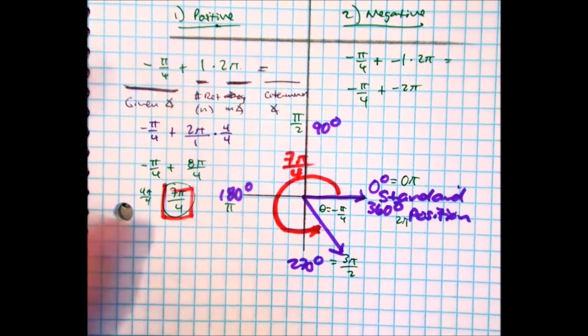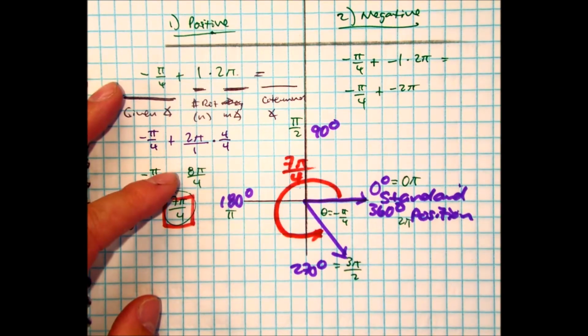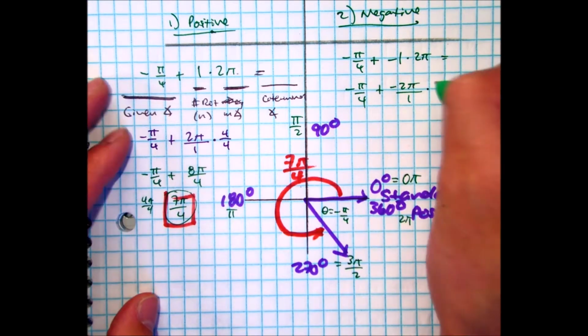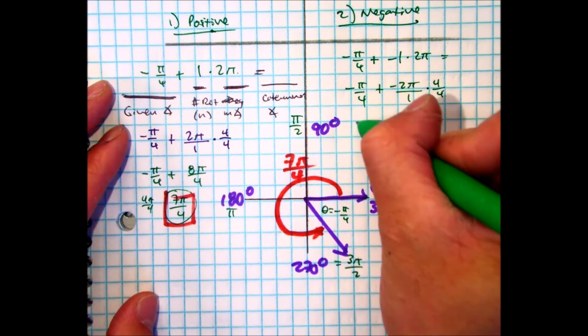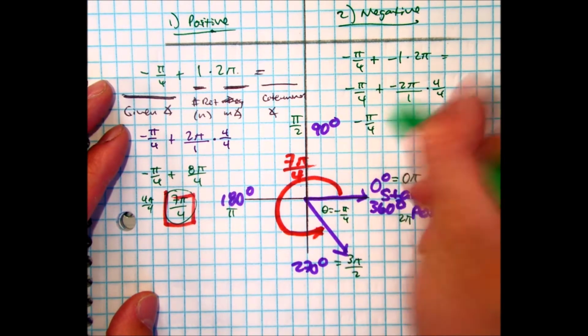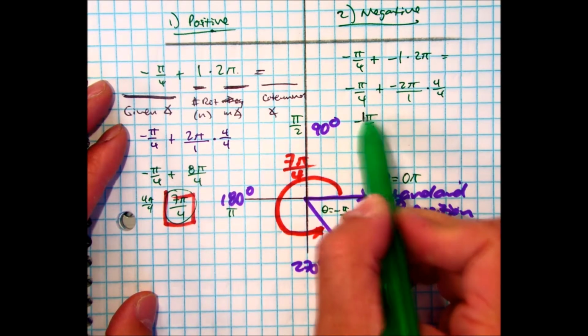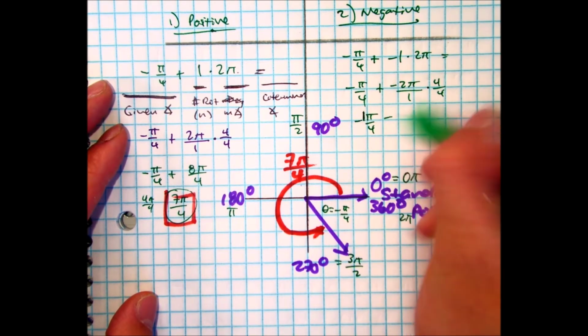Class, how do I make negative 2 pi a fraction? And we're going to multiply it by 4 over 4. So I get negative pi over 4. If it helps you, you can put a 1 right here. Negative 1 pi over 4 minus 8 pi over 4.